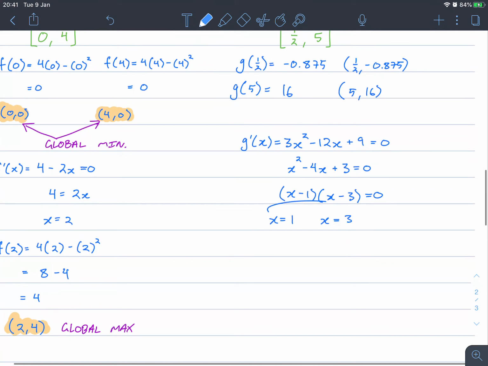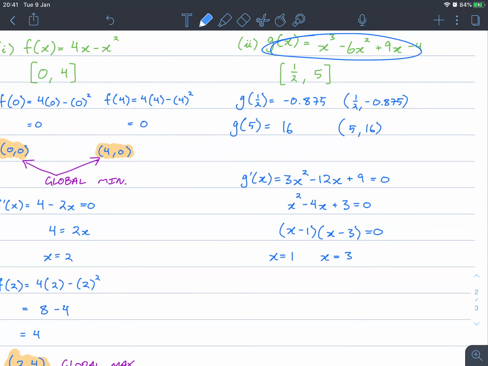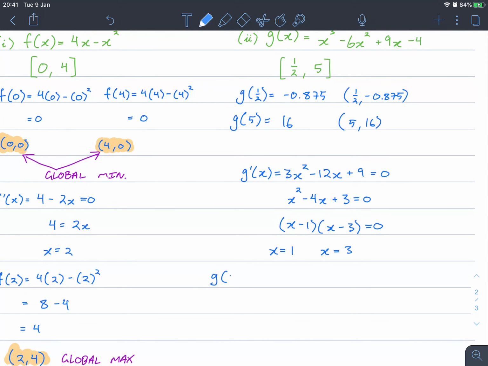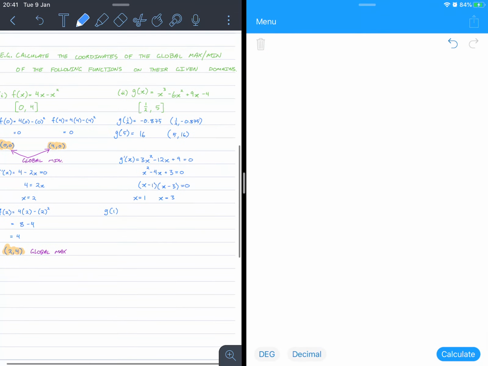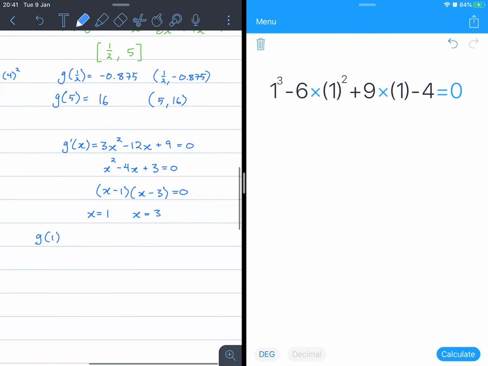Now we need to test the values of these in our original function. So that's g of 1. Let's test this one out. g of 1 means 1 cubed minus 6 times 1 squared plus 9 times 1 minus 4. That gives me 0.